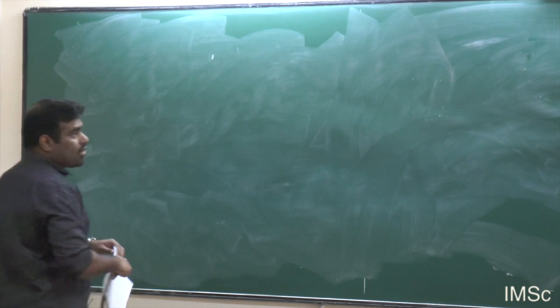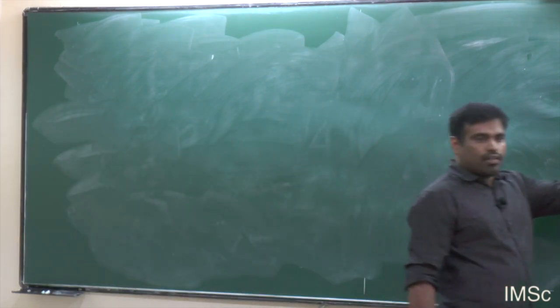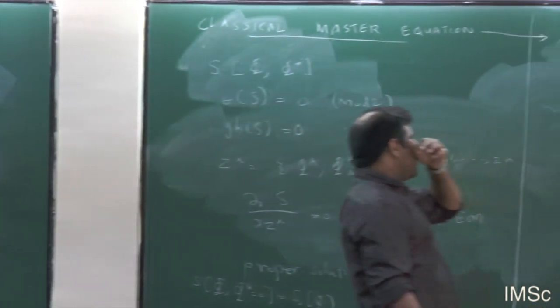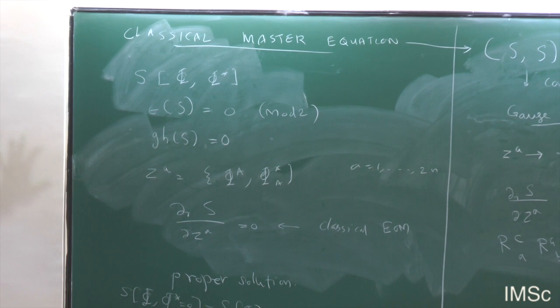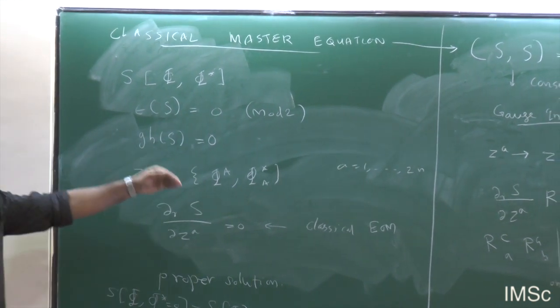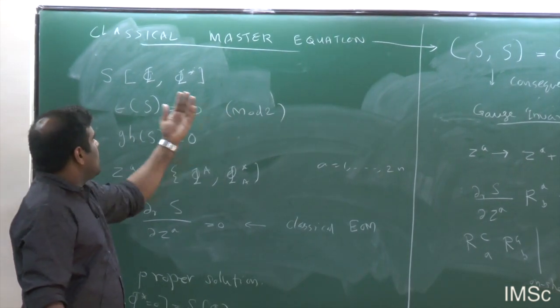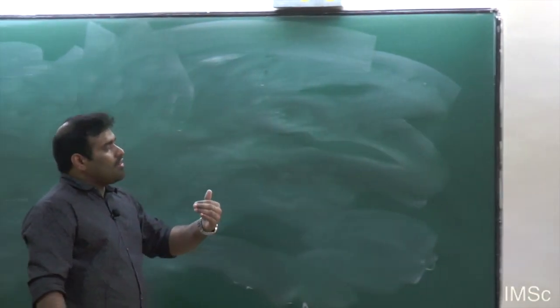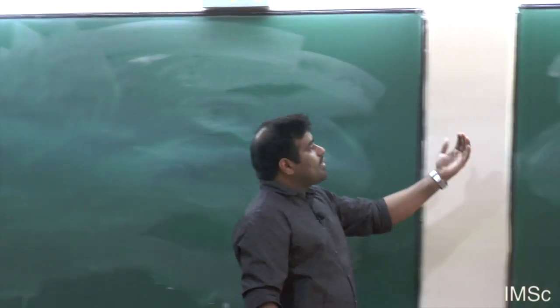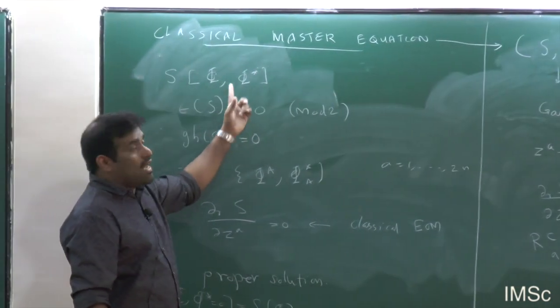So the point is that once you have all this, you can start. You know that you have a classical master action that satisfies the master equation. Then it has a certain gauge invariance. Now you can expand the classical master action, and how do you expand? You expand with respect to the anti-fields.